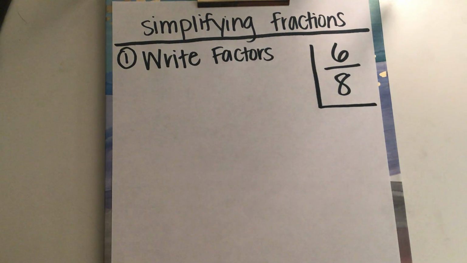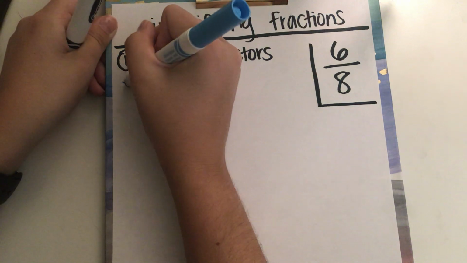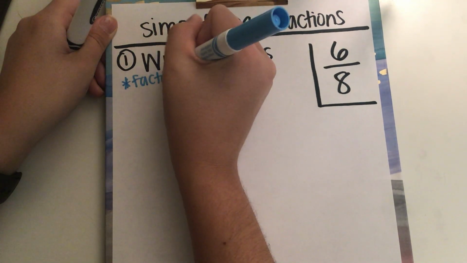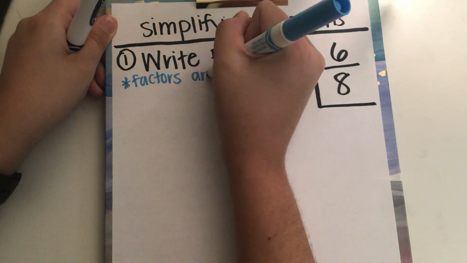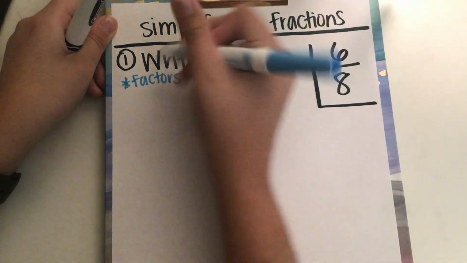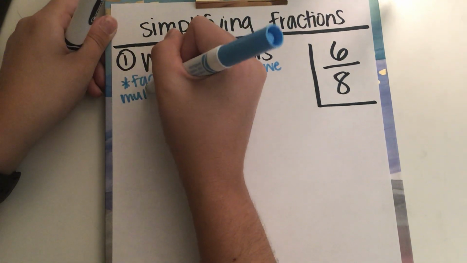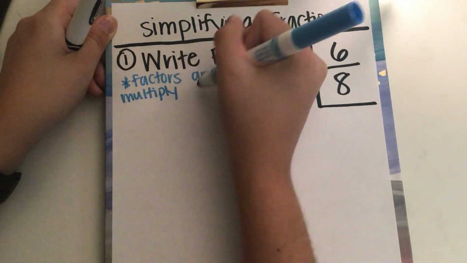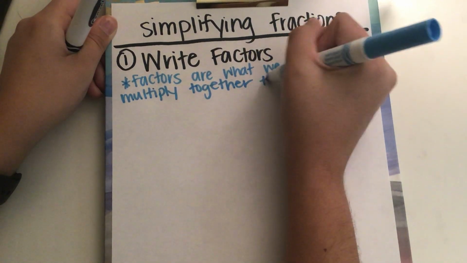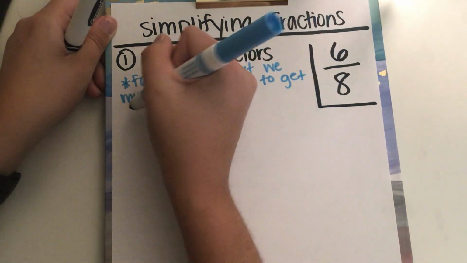We can make a little note too if it helps you to remember that factors are what we multiply together to get a number.